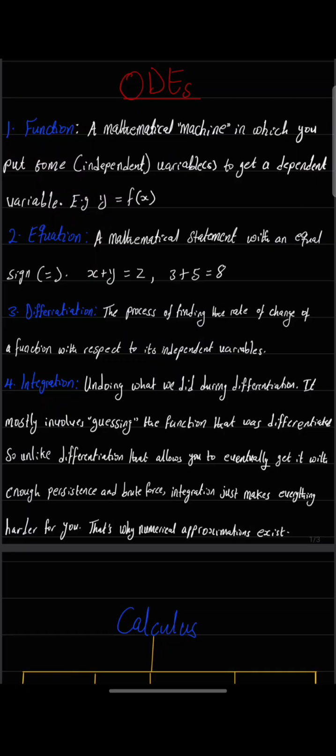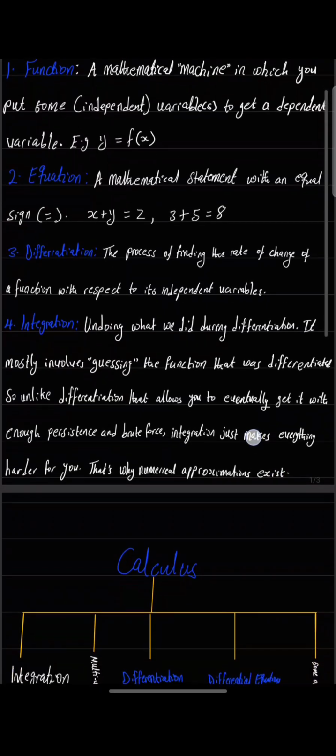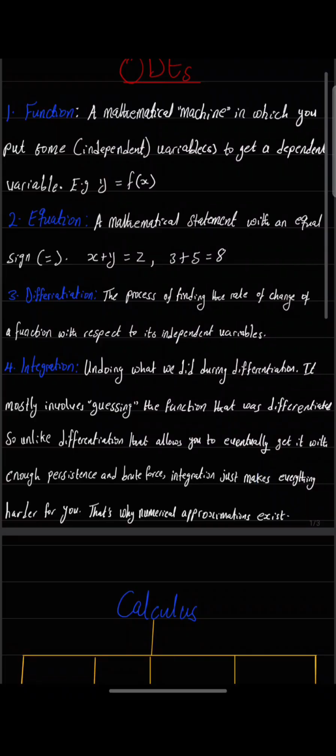There are different rules for differentiation, yeah, don't get me wrong, there are also rules for integration. But integration is much harder because most of the time you just have to admit it and use numerical methods because you don't know what the integral of something looks like.